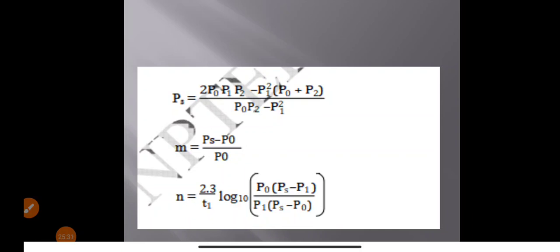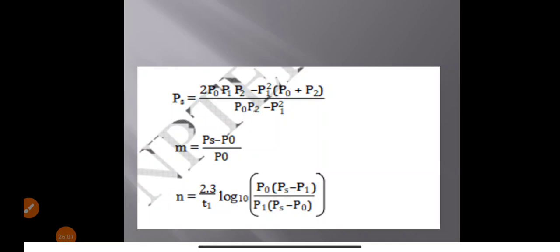And M and N are constant values, so we have to calculate the M value and N value. M is equal to PS minus P0 divided by P0. Whatever we have calculated for the saturation population, we have to substitute here as PS, the saturation population, minus P0, the initial population, 80,000, divided by 80,000.